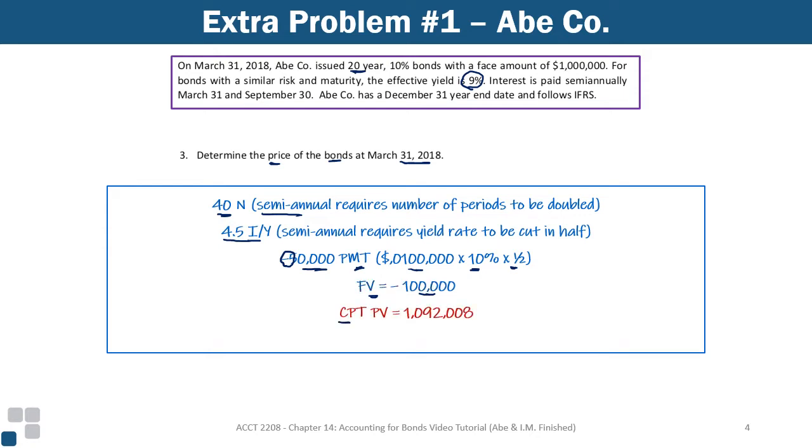Then you compute the PV, and you end up with $1,092,008. And again, you can enter the payment and the future value, PMT and FV, as negative in order to end up with a positive answer, or leave them as positive numbers and interpret the final result as an absolute value.